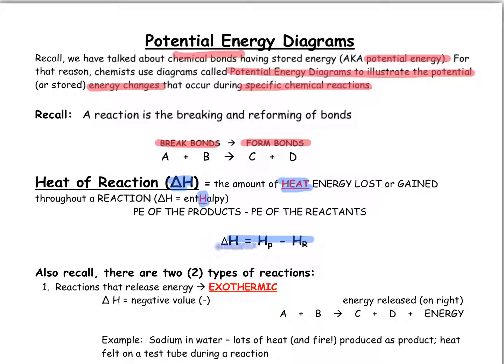So delta H is products minus reactants. The potential energy is the stored energy of the reactants and the products, so we're talking about how much energy is being stored in the products versus what we started with. When we're calculating a change, it's our final minus our initial, so our products minus our reactants.